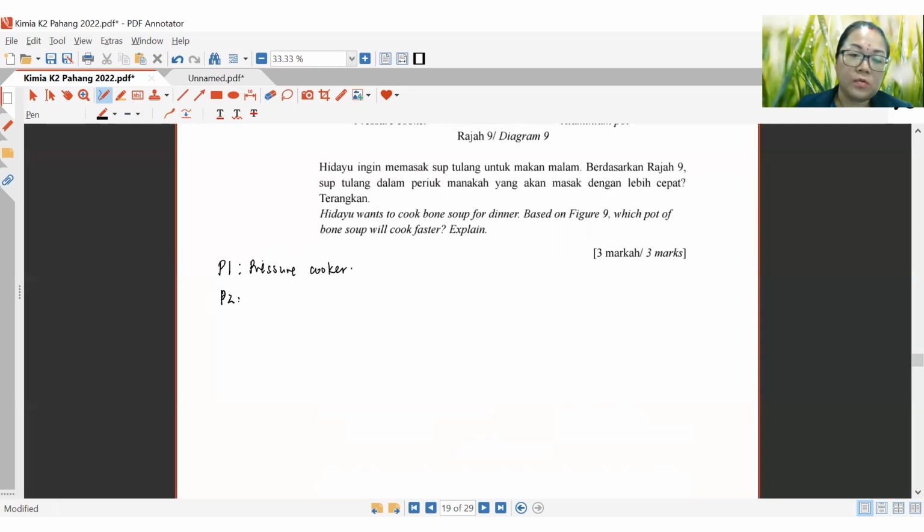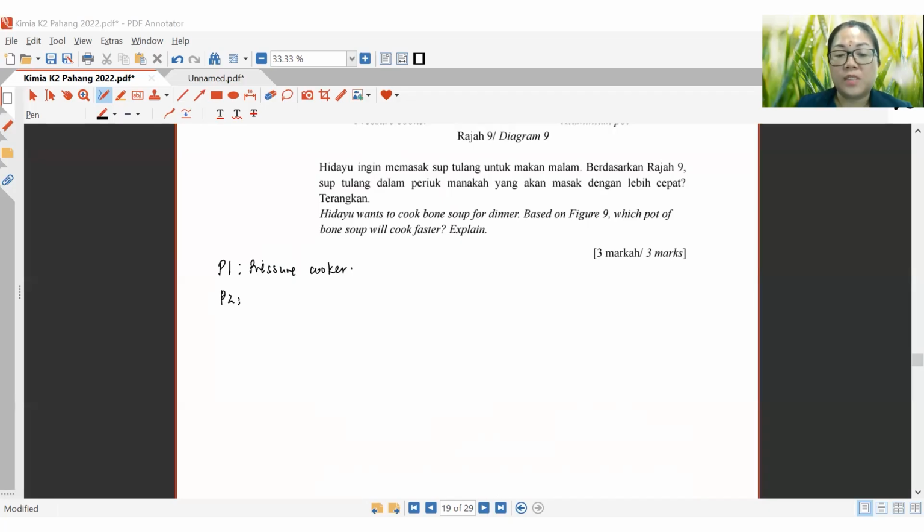For point 2, we are to explain. So in a pressure cooker, normally the high pressure allows water to boil at a higher temperature than in an aluminium pot.